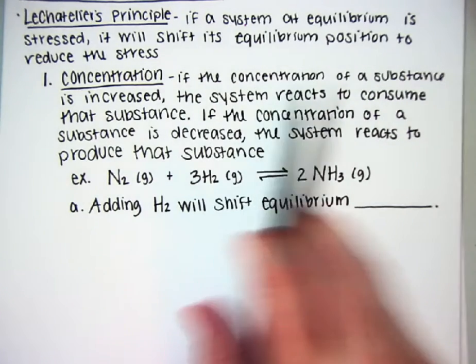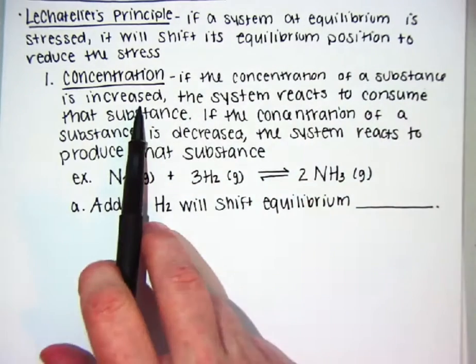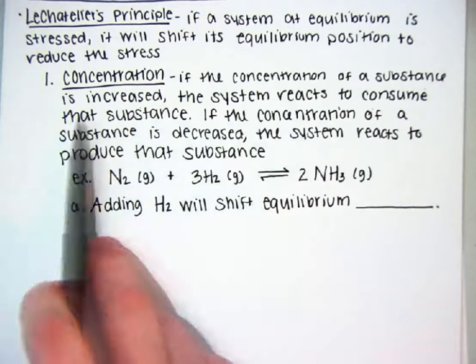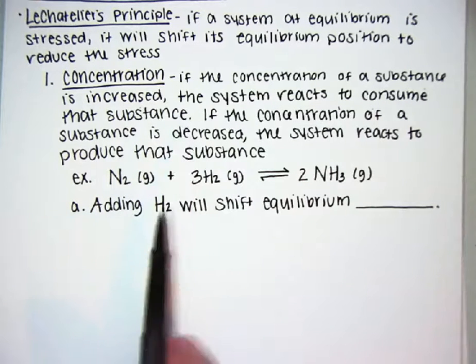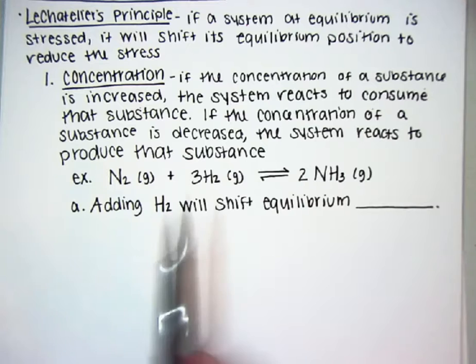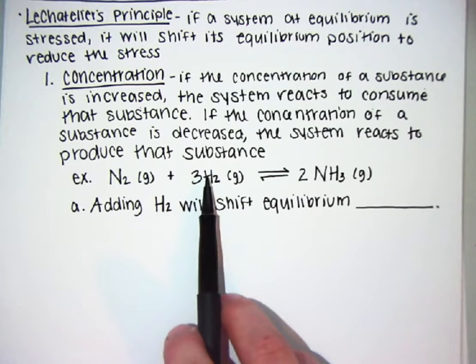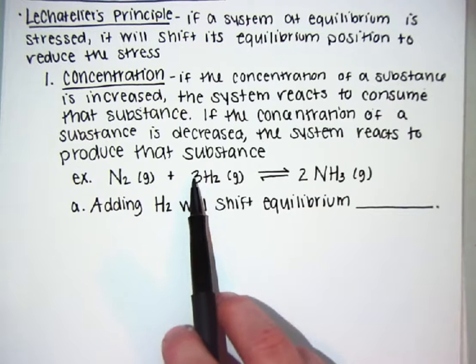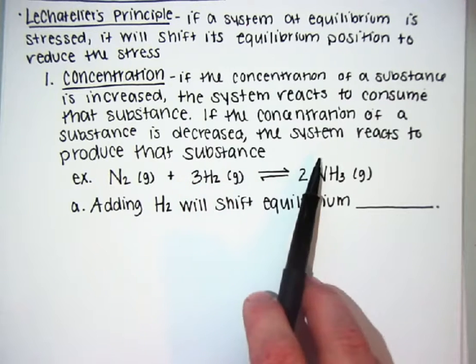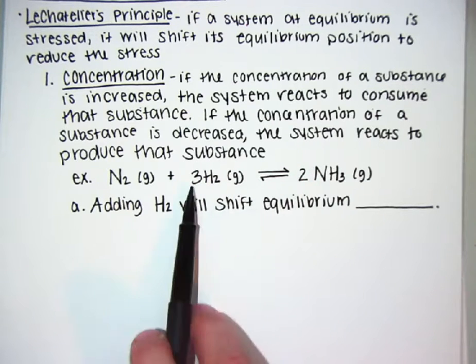If the concentration of a substance is increased, the system reacts to consume that substance. So if I add hydrogen, the way that I restore equilibrium is to use up hydrogen. If I want the concentration of hydrogen to decrease, do we want this reaction going forward or going reverse?